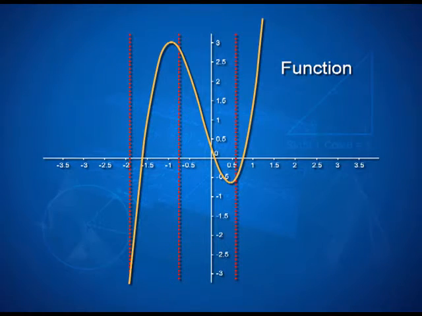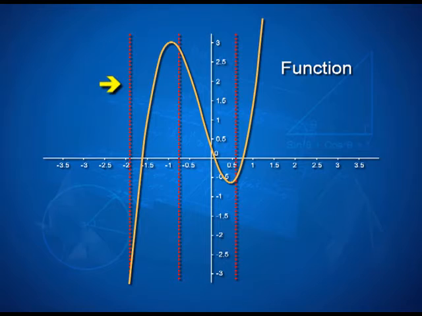Suppose I have a graph given here and I take vertical lines at different places. If I mark them down in different places, you see that none of these vertical lines are intersecting the graph at more than one point. And the vertical line test therefore says that this graph is representing a function.